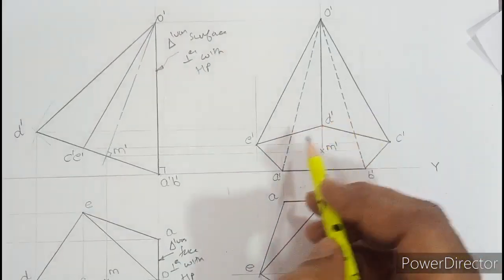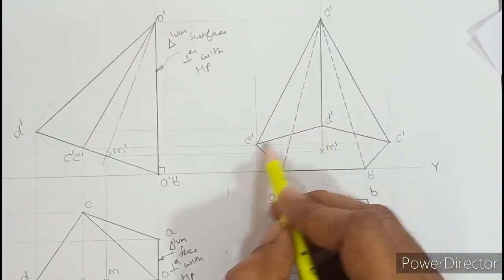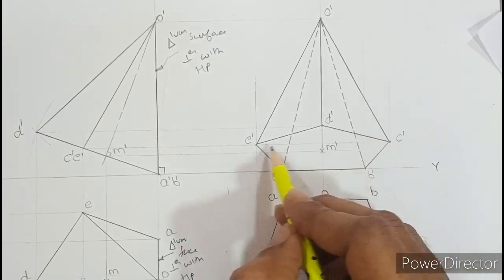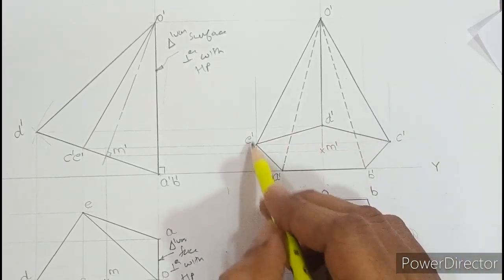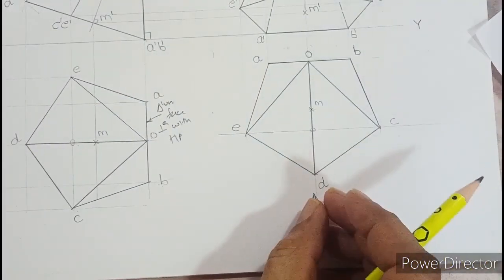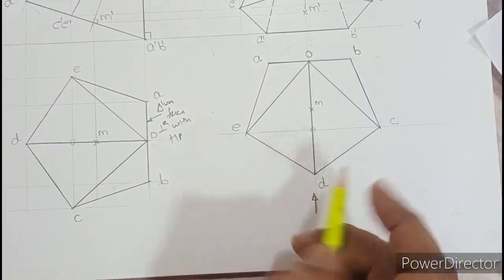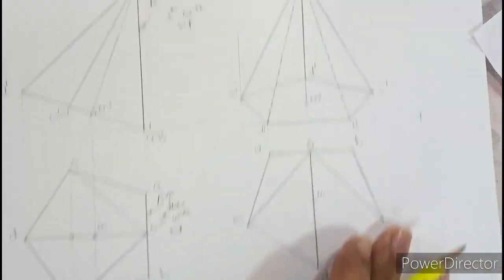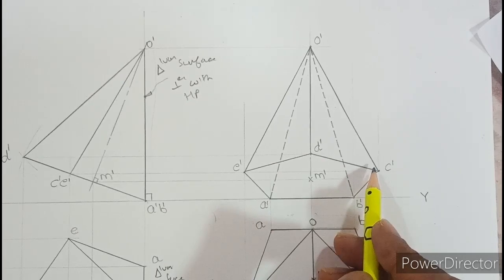Therefore we need to decide whether ED is dark or hidden, DC is dark or hidden. Because M is near, the entire base will be seen, so everything is dark. And moreover, if you switch on the bulb from here, you can see ED and CD, isn't it? Because that is within 180. So therefore ED and CD are dark.